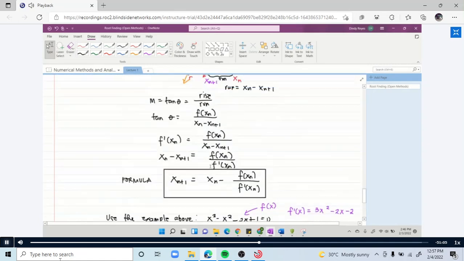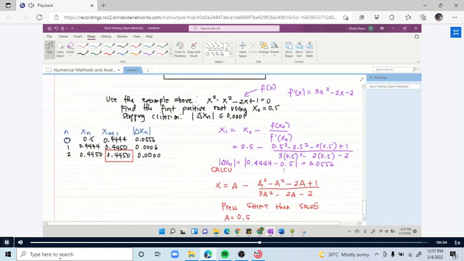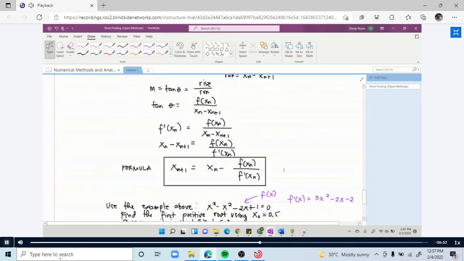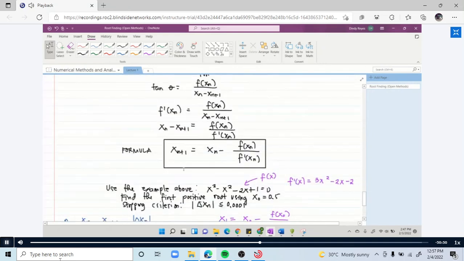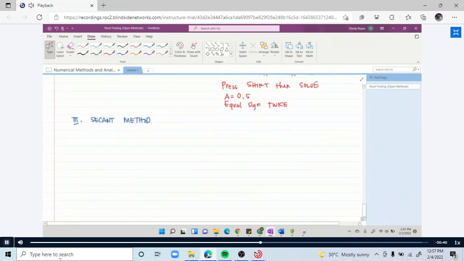The formula is actually derived from this. So instead of having a tangent line, you'll have a secant line that passes through 2 points in the given curve, y equals f of x. So I will not be deriving the formula anymore kasi medyo mahaba. But it's almost the same as this. Mas mahaba nga lang because it doesn't require for you to differentiate the function.